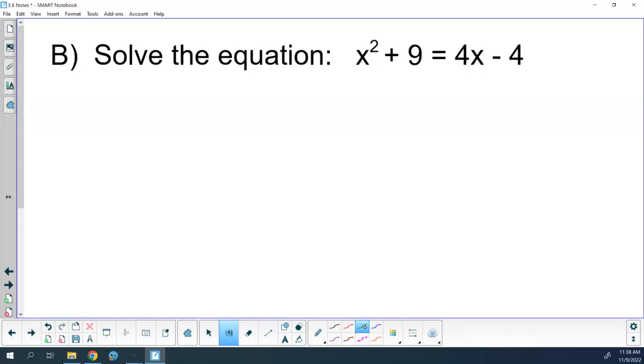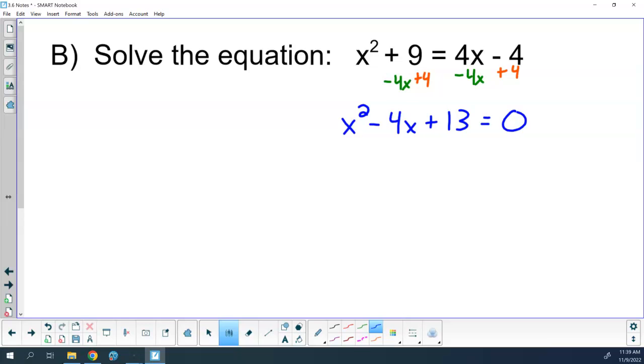It doesn't matter which side you get. I like to have a positive on my squared terms, so I'm going to subtract 4x from both sides. And at the same time, I'm going to add 4. Because then that gives me x squared minus 4x plus 13 equals 0.